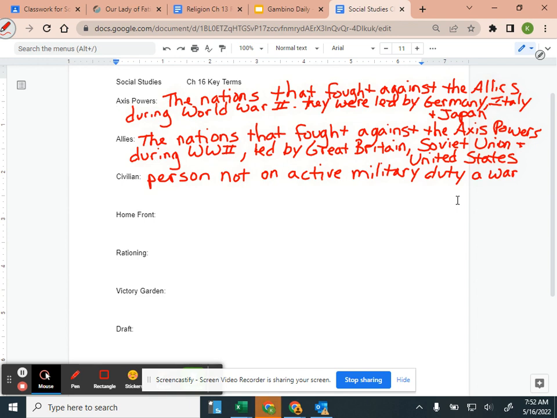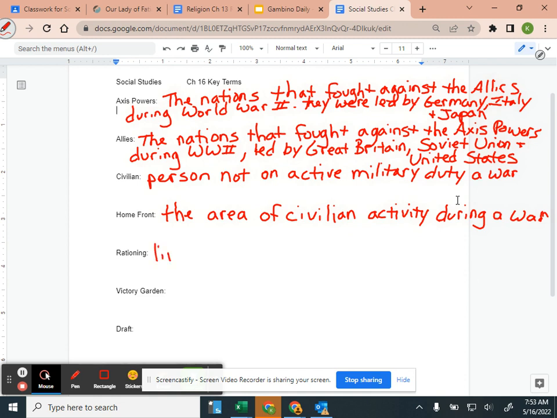The home front is the area of civilian activity during a war. So most civilians are still back here in our home country during the war because they're not going off to war. So the home front is what the civilians are doing back here, what we're doing to help support the war effort.